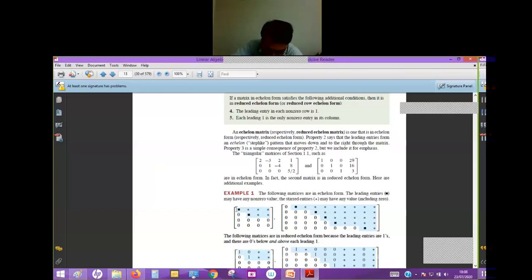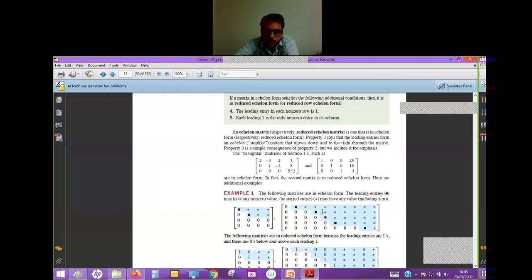So in echelon form, wherever there are bold squares, these squares will have non-zero values. And the starred entries, the rest of the entries other than these squares, may have any value including 0. So 0 is included, or any other value those stars can have.